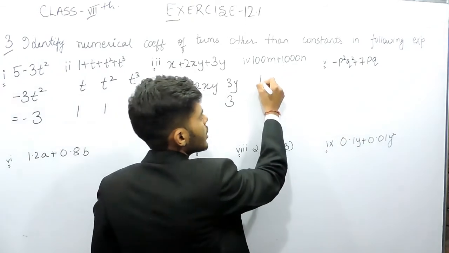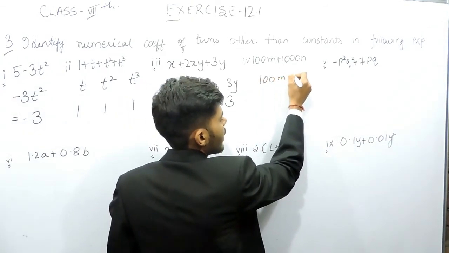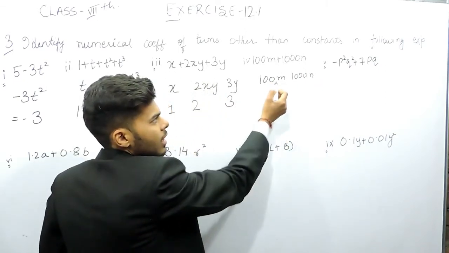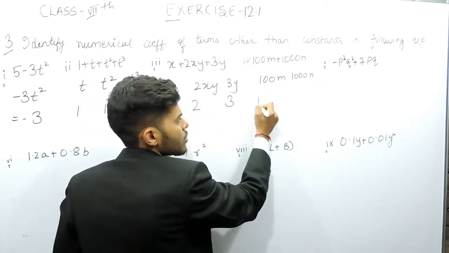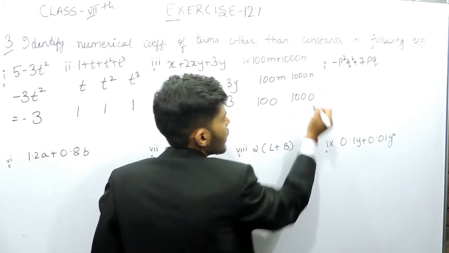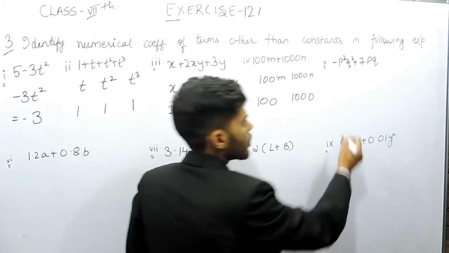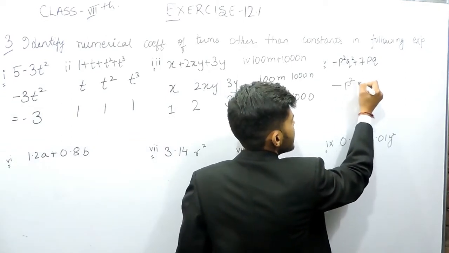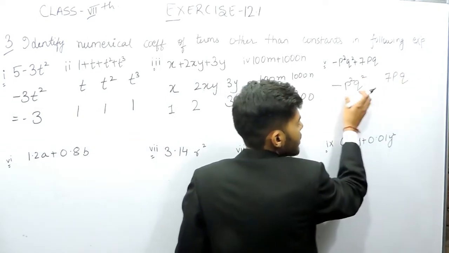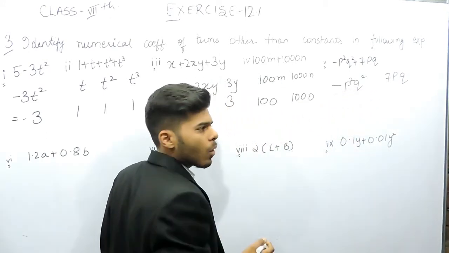In part 4, the two quantities are 100m and 1000n. m is a variable and the rest is its coefficient. So 100 is its coefficient and the coefficient of n is 1000. Now part 5. There are two terms, minus p square q square and 7pq. p square q square is a variable quantity.